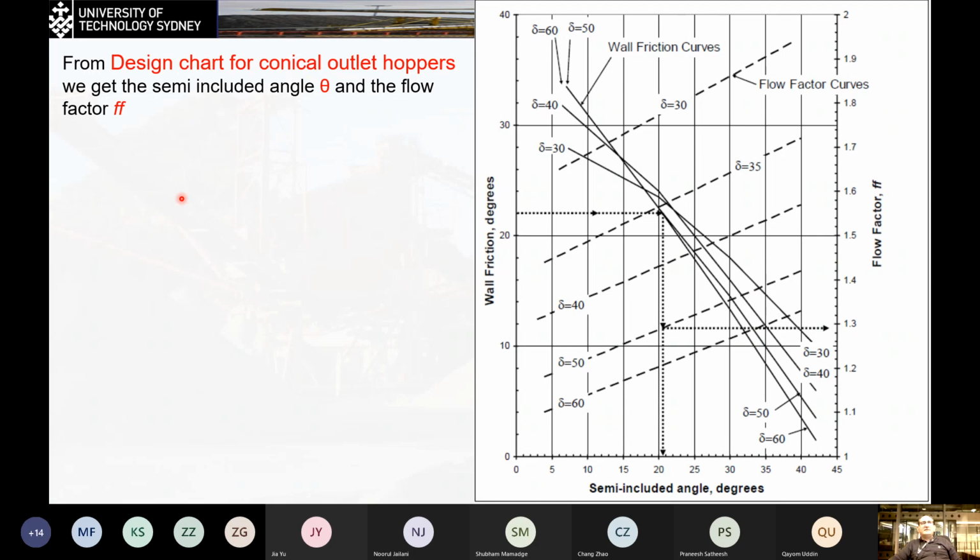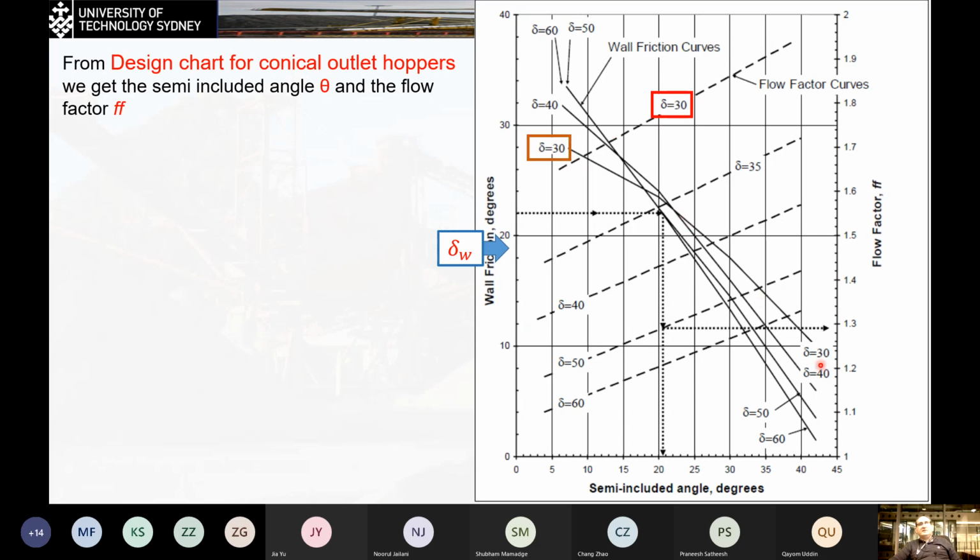First, I'm going to locate the delta W on the chart, 19 degrees. You can see that every step here is going to be 2 degrees: 12, 14, 16, 18. In the middle is going to be 19. From here, I'm going to locate the delta lines, which are 30 degrees on both lines.